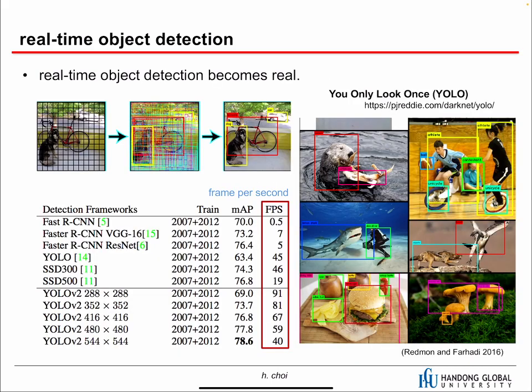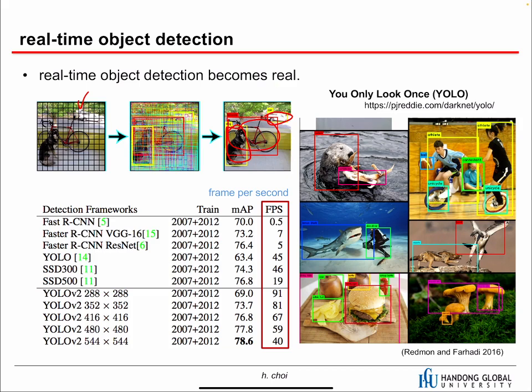And the next one is object detection. Object detection means that, given an image, we have to detect all the objects that we are interested in. So in this image, we have to recognize the dog, the bicycle, and the car. Around 2016, there were a couple of famous object detection algorithms like RCNN, YOLO, and SSD.